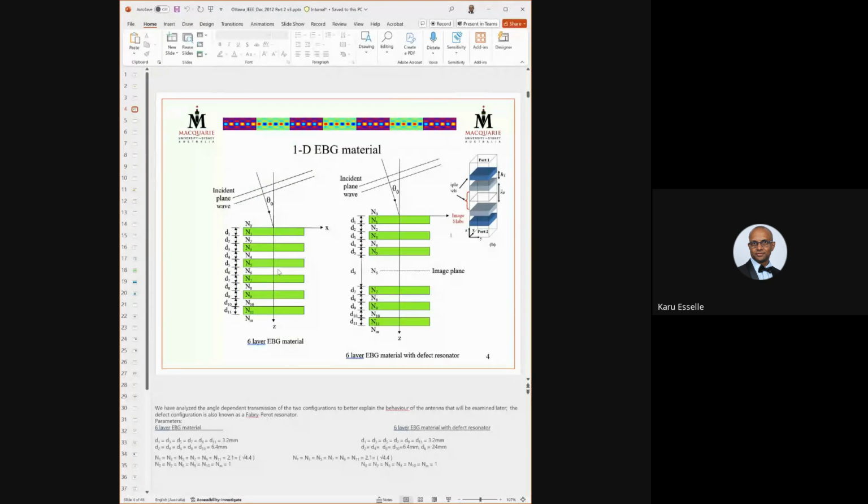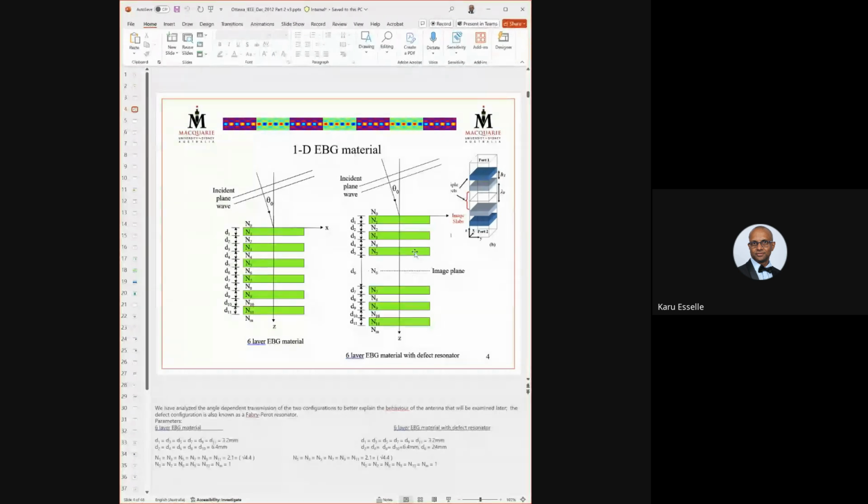Now, what happens if I remove one slab? Now this is a defect. Remember in the theory we discussed with the woodpiles, when you remove one rod, it becomes a defect. And this is also a defect.